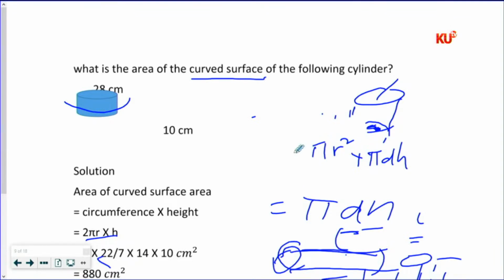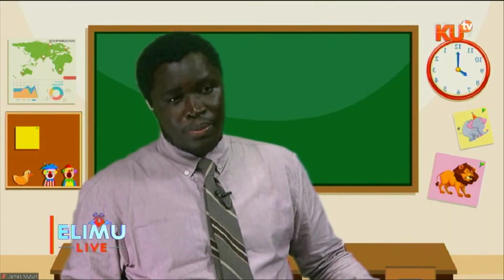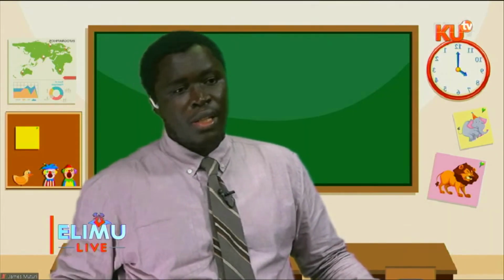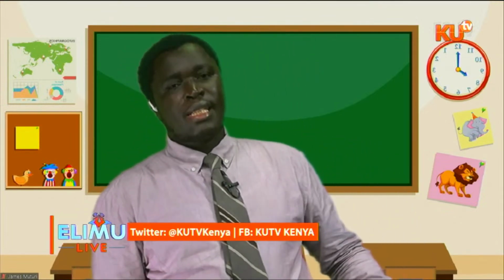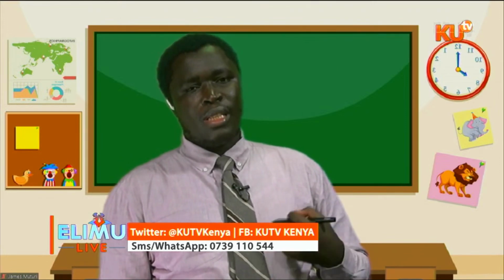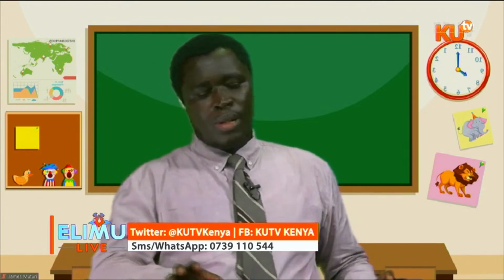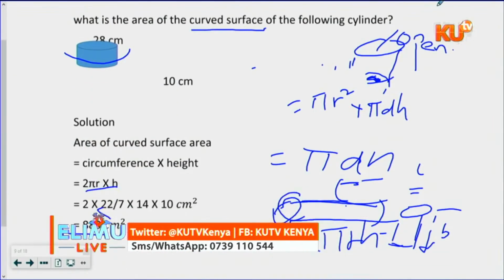This is only if the cylinder is open at the top. The cylinder can only be open on one part, and that is the top. So we exclude the surface area of the top, and then we work out the surface area of the other parts.